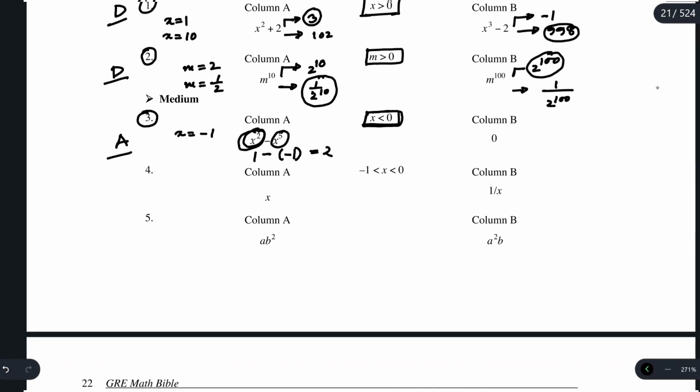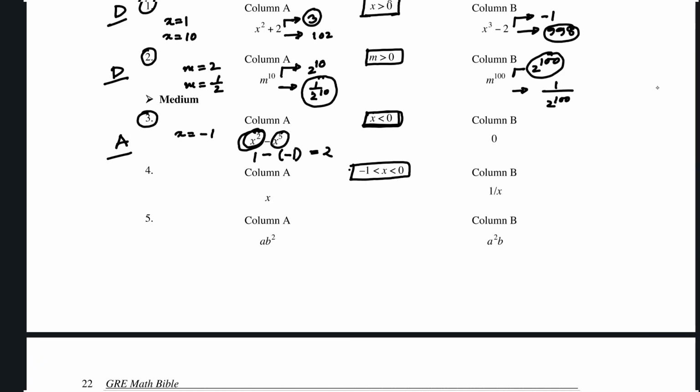Now let's focus on the fourth problem. The condition is that x has to take a negative value, but between 0 and minus 1. So let's assume x equals something like minus 0.5.